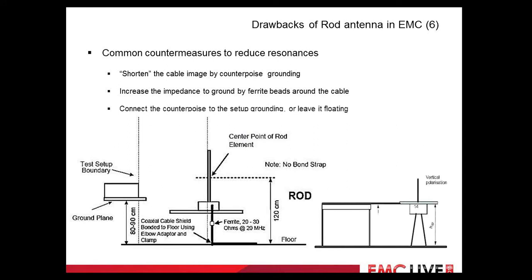Or, according to other standards, we have a connection with a metallic sheet connecting the counterpoise to the setup grounding. Or in other cases, the counterpoise is left totally floating. So every method has its advantages and disadvantages, of course.